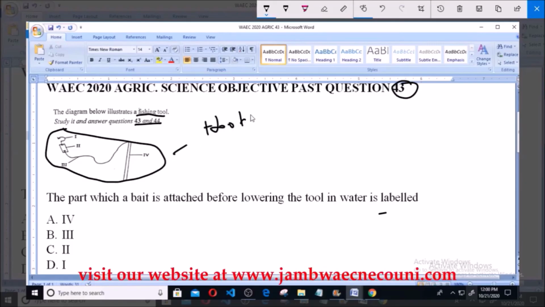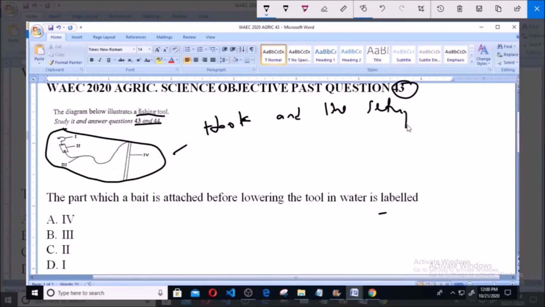Basically a rod is used, and a line is attached, like a string, and then a hook is attached at the end of the line, and it is used for fishing as described.